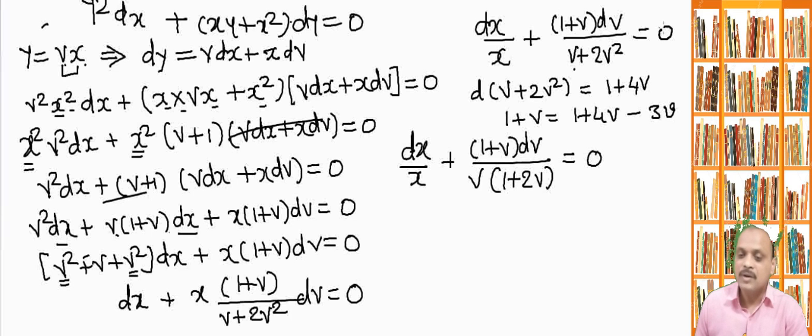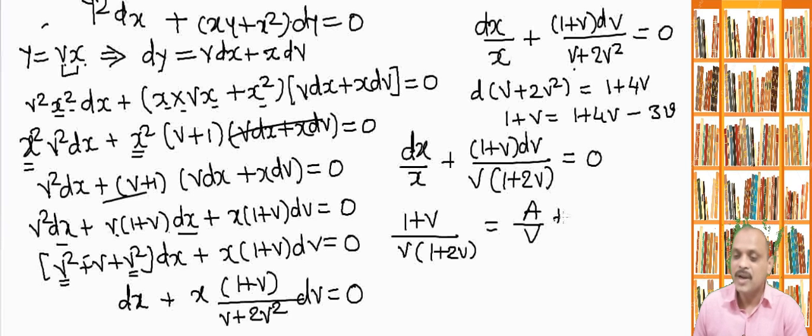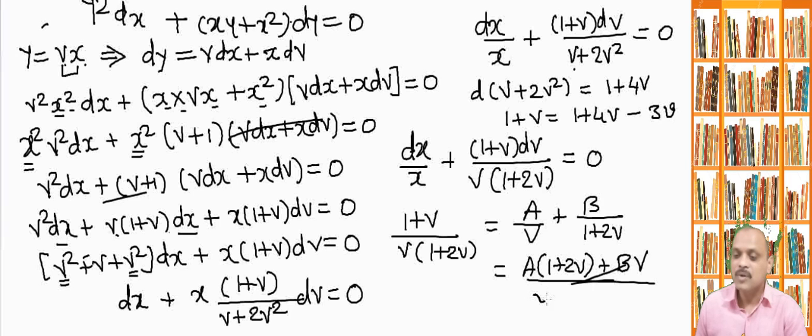Now friends, we write here 1 plus v divided by v into 1 plus 2v equal to a divided by v plus b divided by 1 plus 2v, and you can see that a into 1 plus 2v plus b into v divided by v into 1 plus 2v.